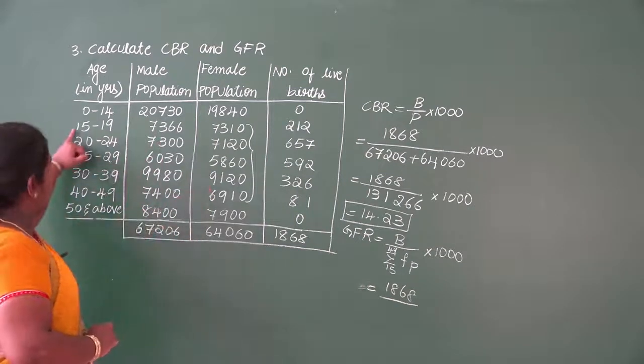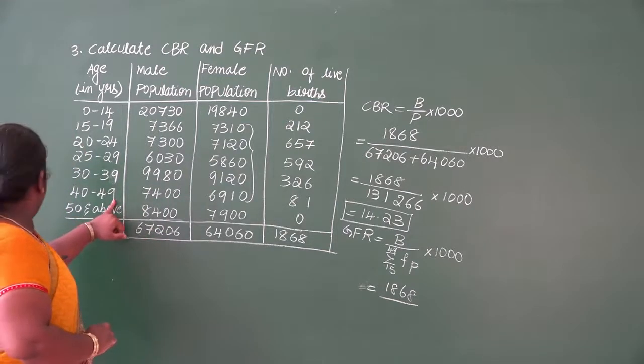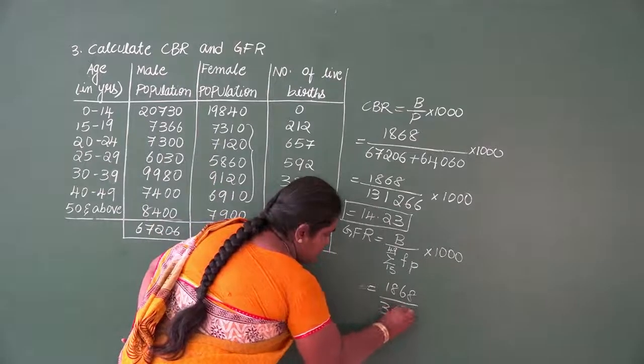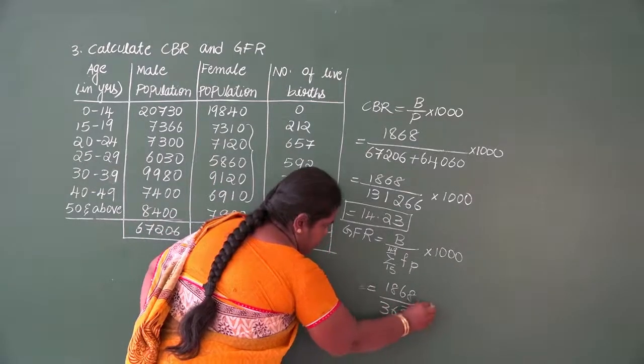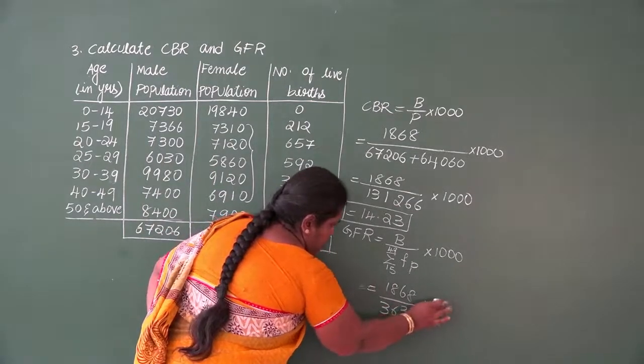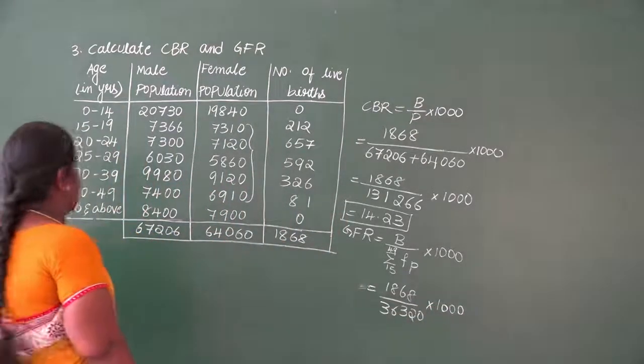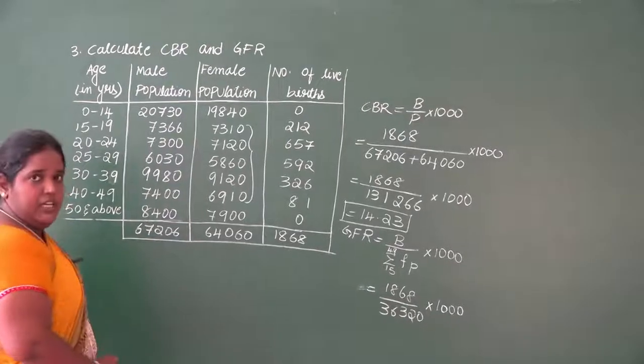So you are adding only from 15 up to 49. So we'll get it as 36,320 into 1,000.